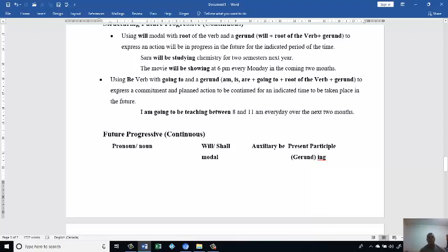For example, it expresses a commitment and a planned action to be continued for an indicated time in the future. For example, I am going to be. If you look until here, this is future simple, but then I have teaching.